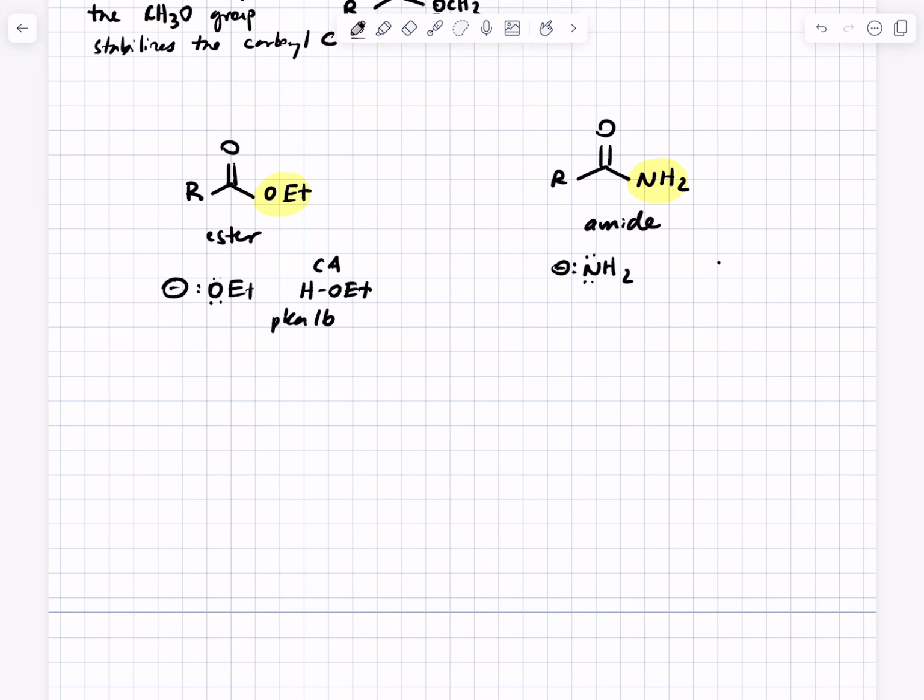In contrast, the conjugate acid of NH2 minus is NH3, which, if you look that up, has a pKa of 38. So that's orders of magnitude worse of a leaving group than the ethoxide group. That means it is also a better electron donor, meaning you would expect the amide to be less electrophilic at the carbonyl carbon.